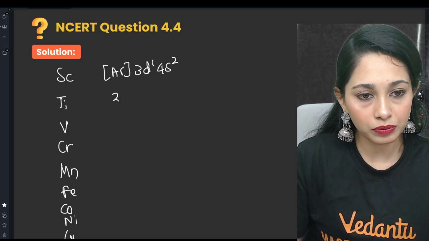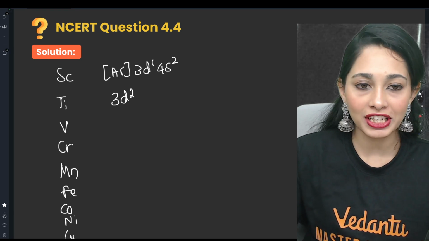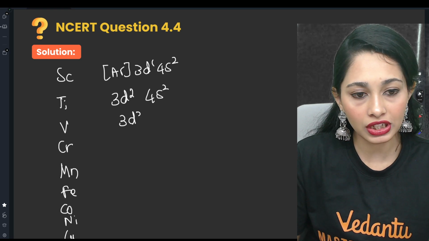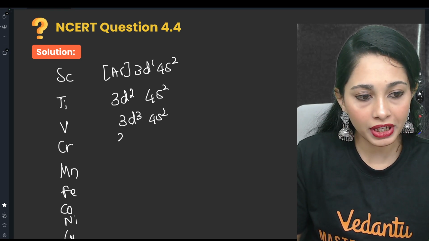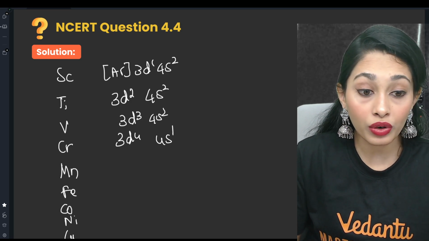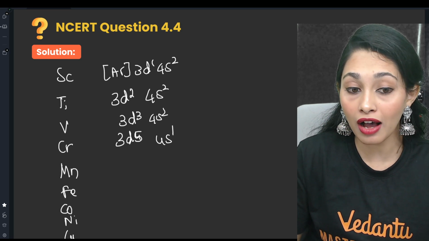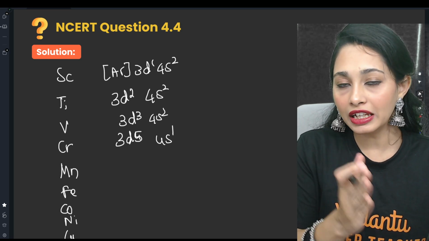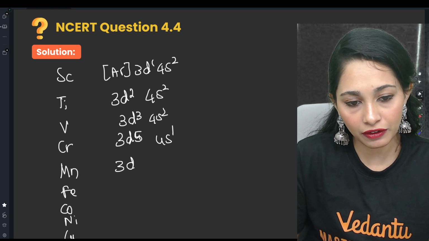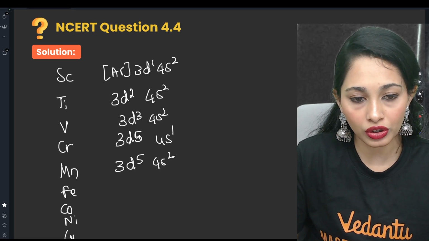Titanium: argon, 3d2 4s2. Vanadium: 3d3 4s2. Chromium: 3d4 4s1 becomes 3d5 4s1, half filled because it is more stable. Manganese: 3d5 4s2.